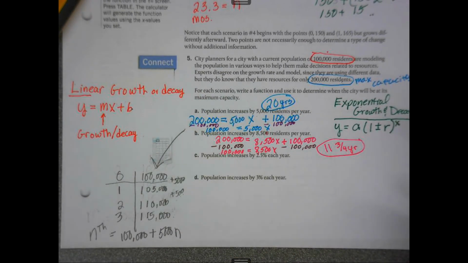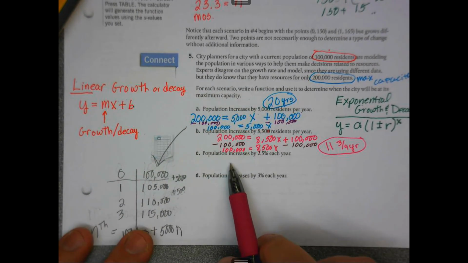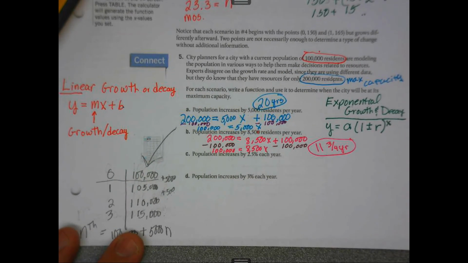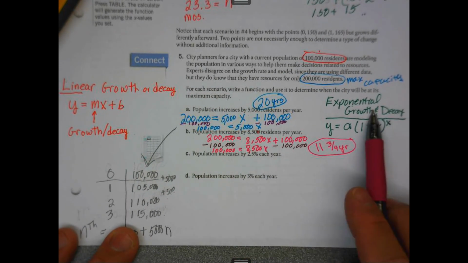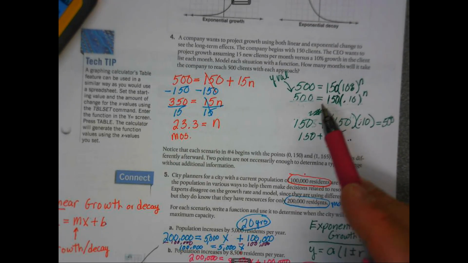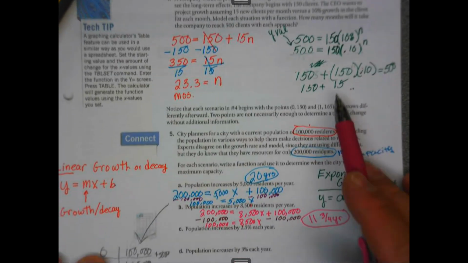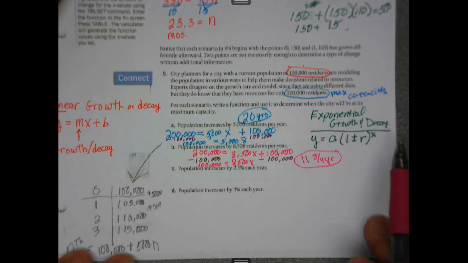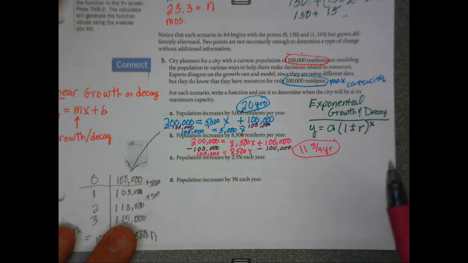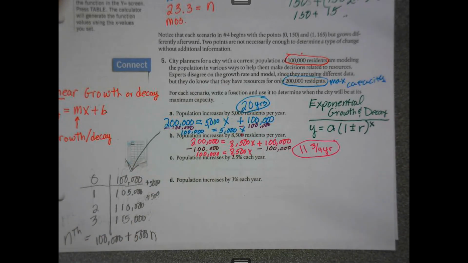Or 11.75. Now this one increases by percentage. So instead of that whole geometric thing like we did up here where it's really confusing, ended up to be the same. Let's just plug it into our exponential growth and decay formulas. We have them, let's use them.